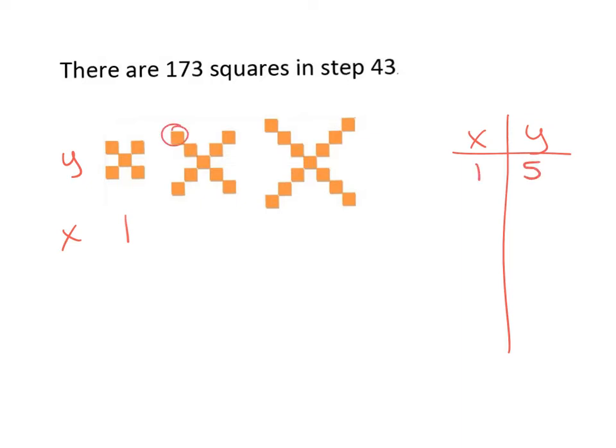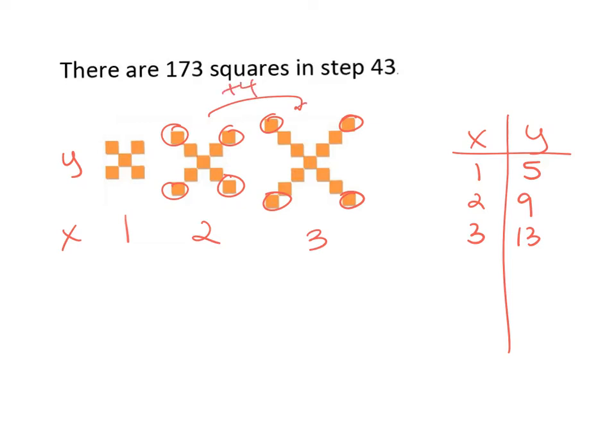Then you notice in the second one that these little corners were added on, so now there's a total of 9. In the third one, we had 4 more added on, which puts us now at 13. Hopefully you notice that the pattern is +4 each time. I notice it in a table too, and that helps me notice it a lot better as well.